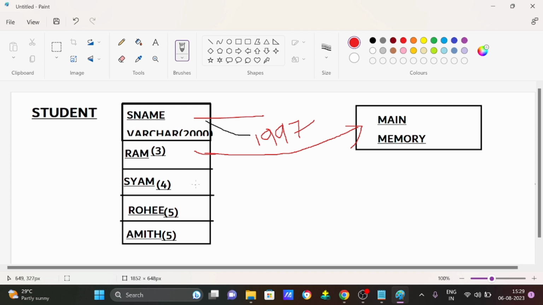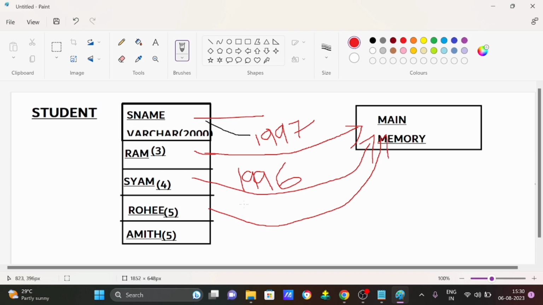Here I have used 4. The remaining 1996 will be taken back by the main memory. Here, even for this, the remaining 1995 will be taken back by the main memory because it is unused, right?